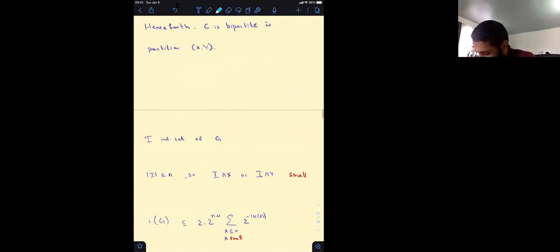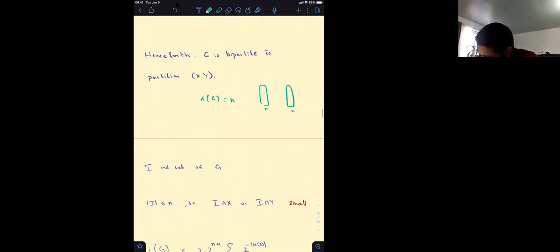The point is that the independence number of G is n. In a bipartite graph where each side has size n and it's d-regular, the independence number is n. So for any independent set, either its intersection with X or with Y is small.